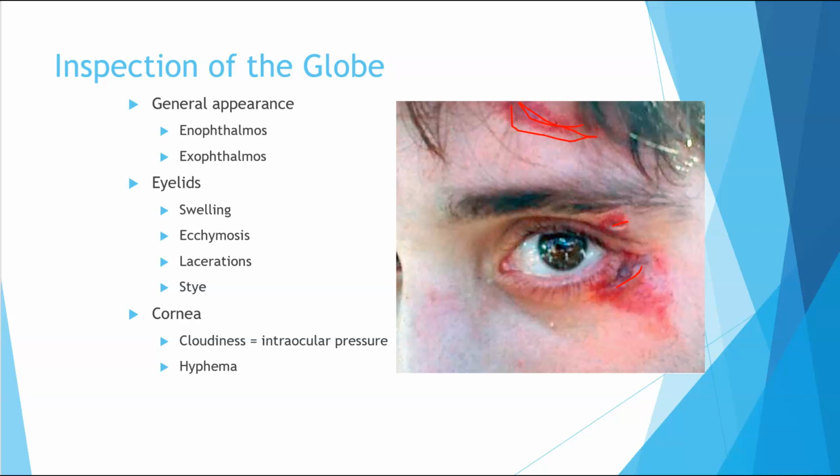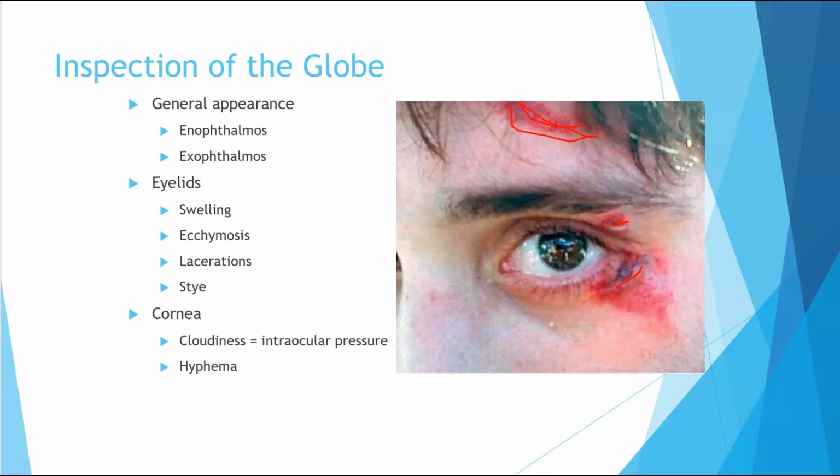I can't say these correctly, guys, so I don't want to even botch that up for you. The inspection of the eye that reveals the globe to be bulging anteriorly is going to be exophthalmos. So that second one. If it's inferiorly, it's going to be that second one. Okay.